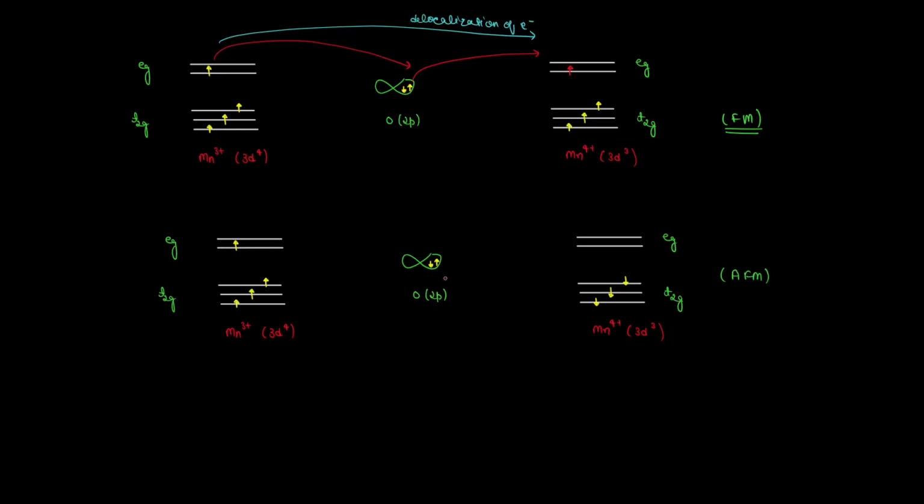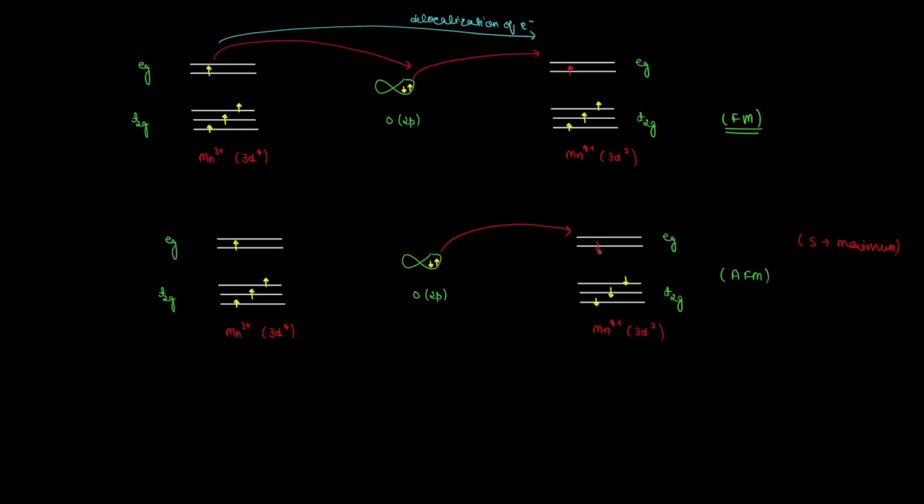From this oxygen orbital, the up spin and down spin both can go here in the eg orbital, but according to Hund's first rule, S has to be maximum, so only the down spin can go here.